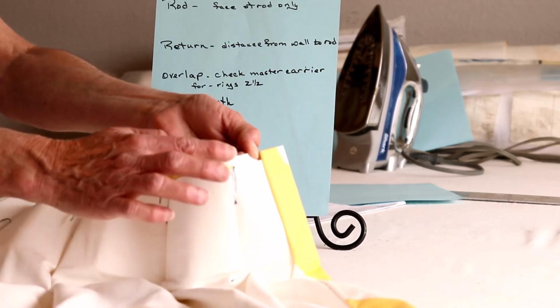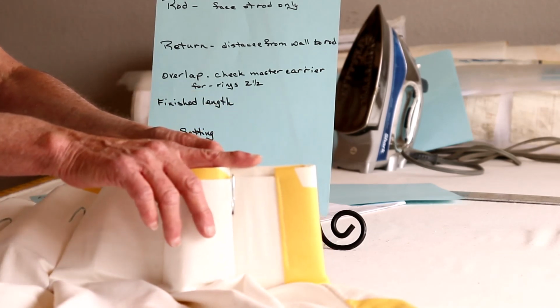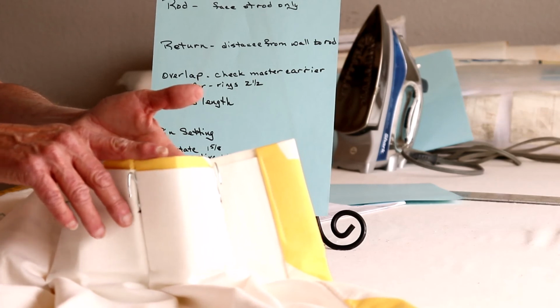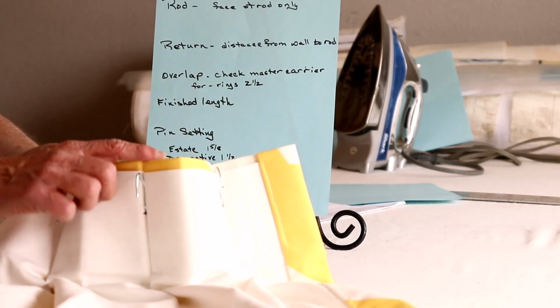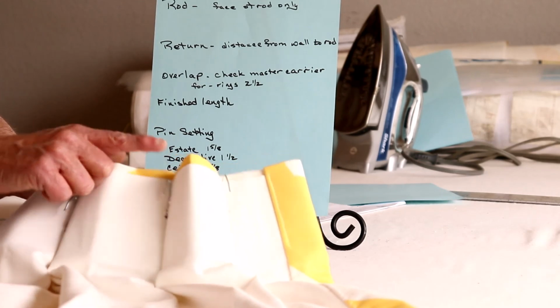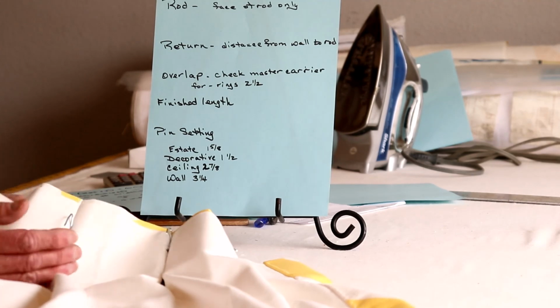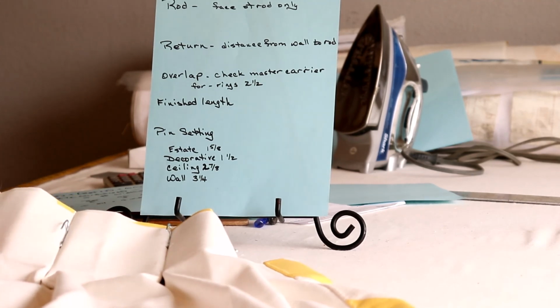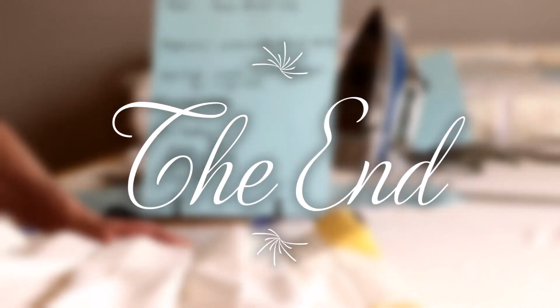Like this. So it's up closer to the top. Put your drape right up to your ring. And this will put it right up to your pole if you got one of the state rods that they're a little pricey. You can get them. And then your ceiling mount is 2 7/8, and your wall is 3 1/4. And that is how it's done.